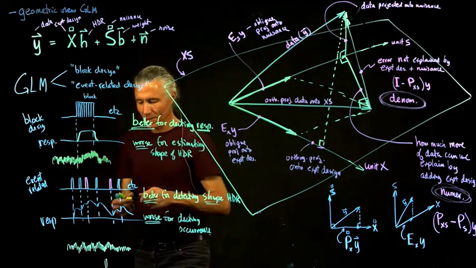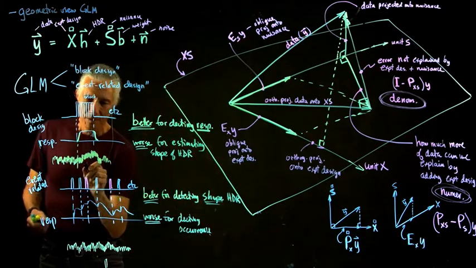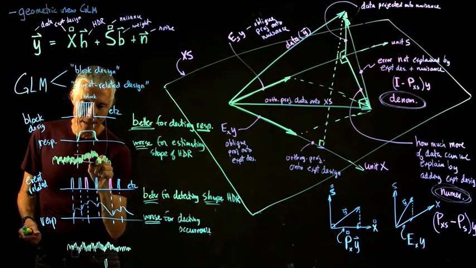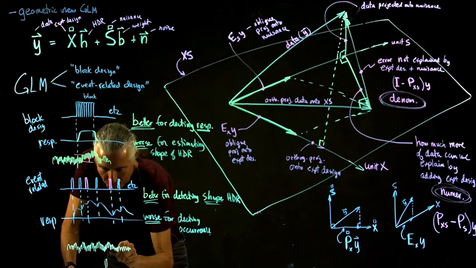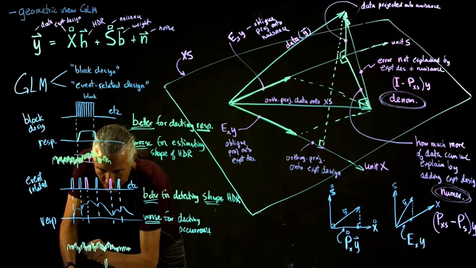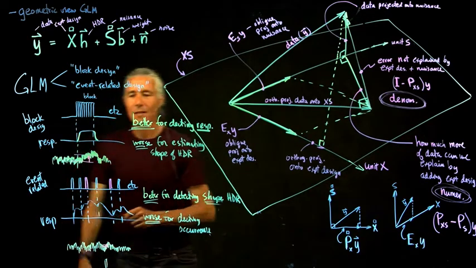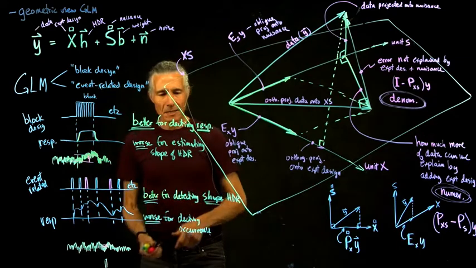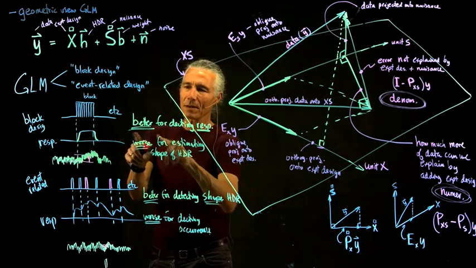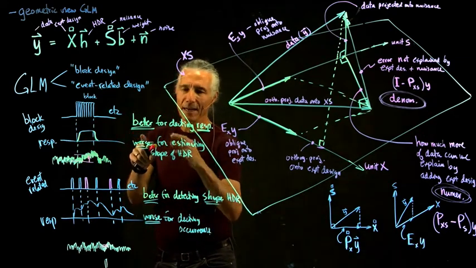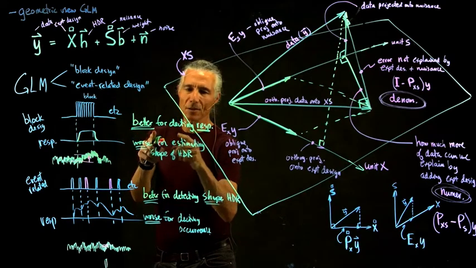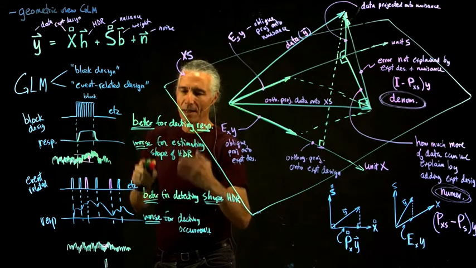And so the difference is actually kind of visible, whereas the difference between the average of that and this thing can be quite small. It's just a very small difference. And so this is better. So in general, you want to do a block design if you have a small signal and you're just trying to detect whether something occurred.